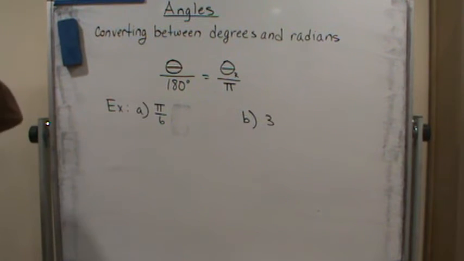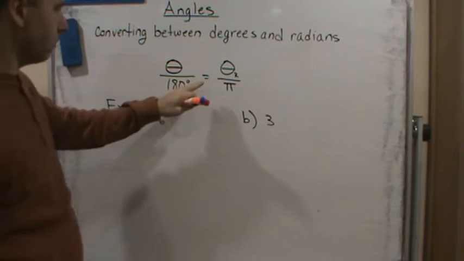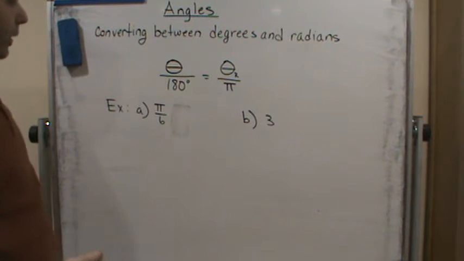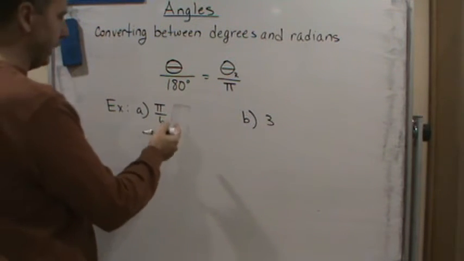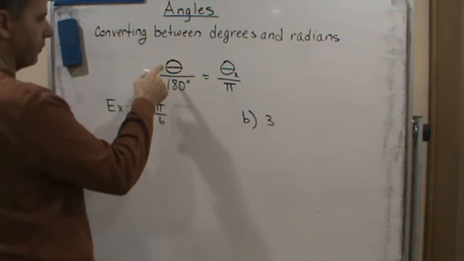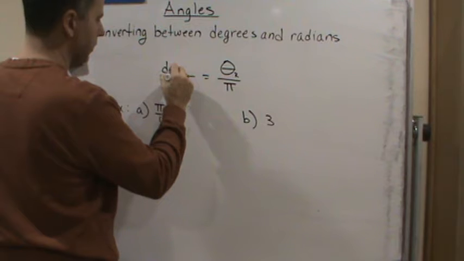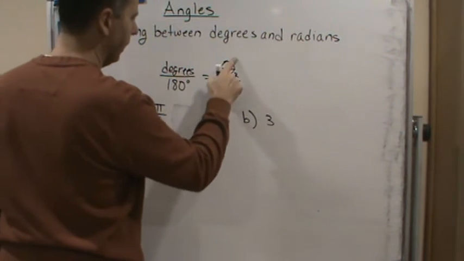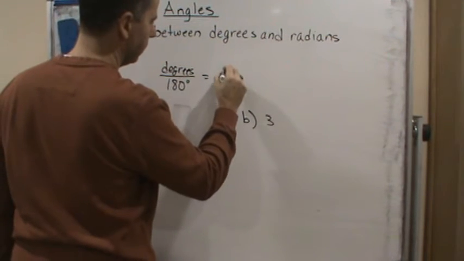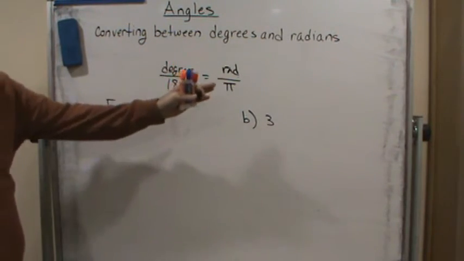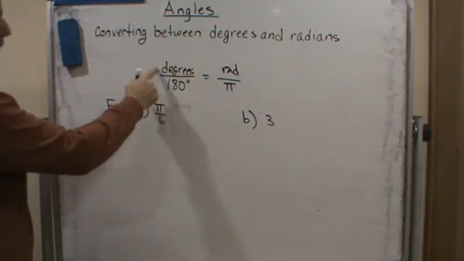So we want to convert these from radians to degrees. We're going to use this proportion. If I want degrees, I'm going to solve for degrees.